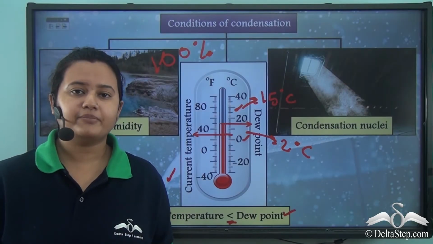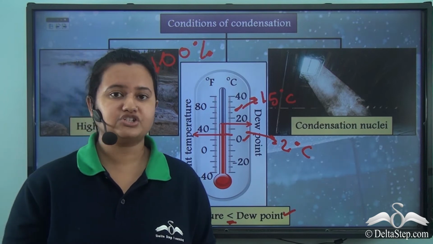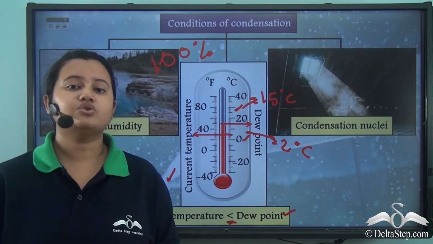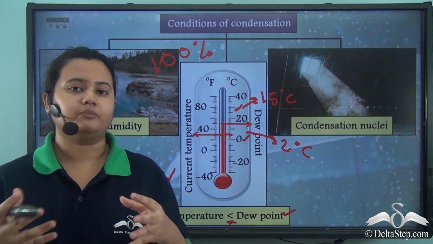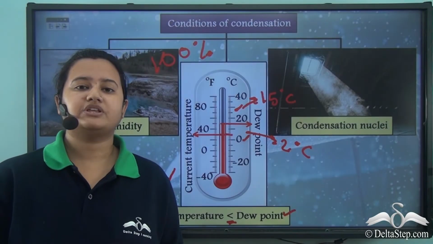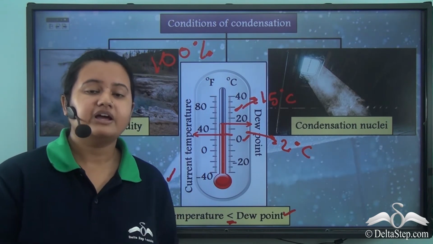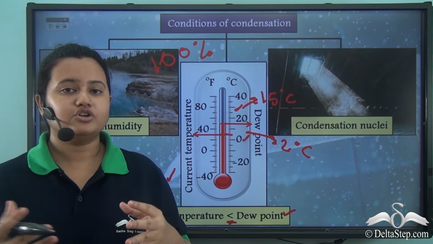Now if you remember, in the process of evaporation, we read that water droplets convert into water vapor on absorbing heat. While in the process of condensation, we read that water vapor changes into water droplets.